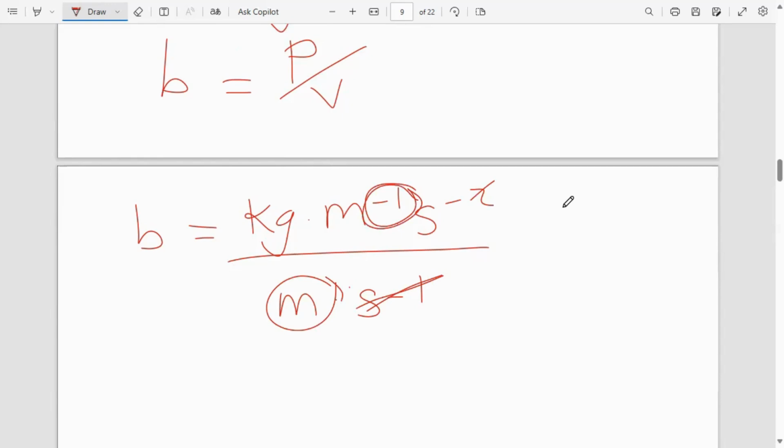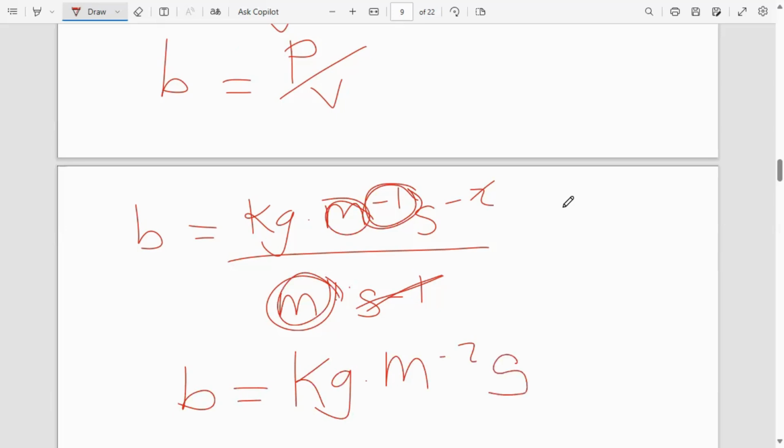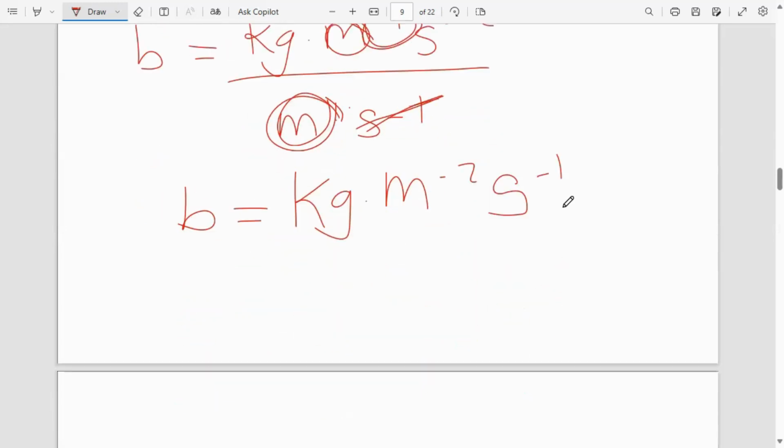So the dimensions of B are going to be kg. The m here will now be power 2, this and this. Then our s has remained power minus 1, since it has cancelled out with one of those. That means these are the dimensions of our B.